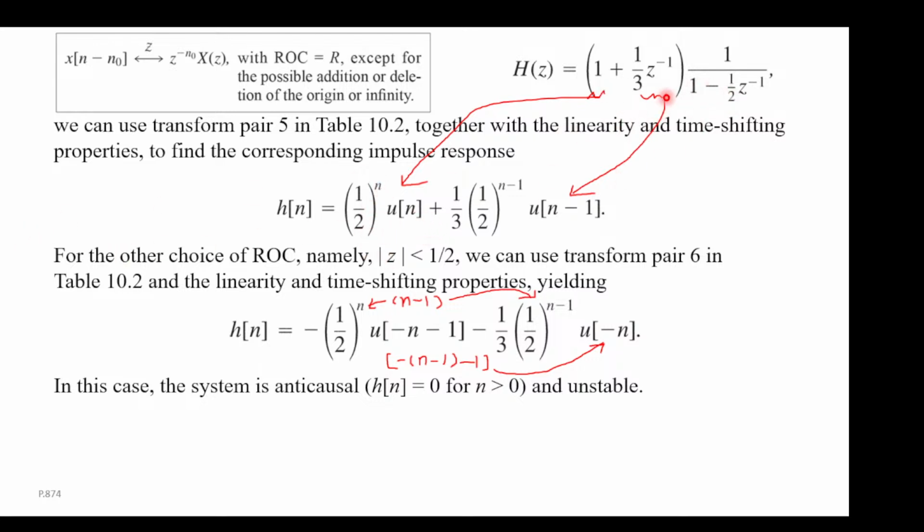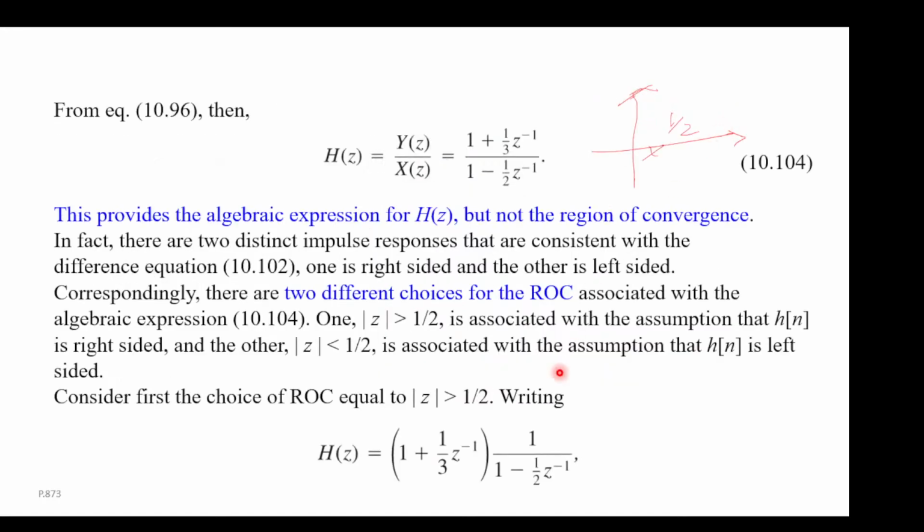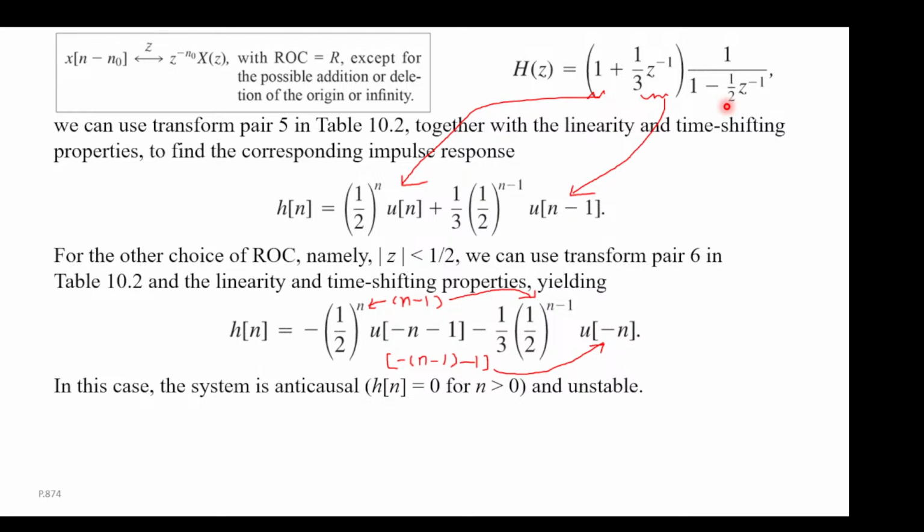So we use linearity and time shift to get the Z transform of this. You have one part and 1/3 times the z^-1 part. For the 1 part, you just get this Z transform, with the ROC being outside, so the ROC is z greater than 1/2.